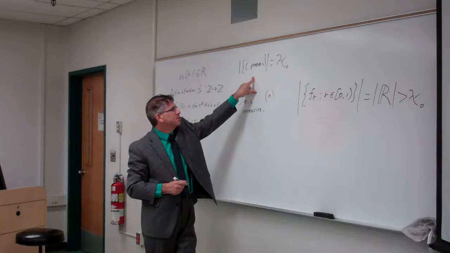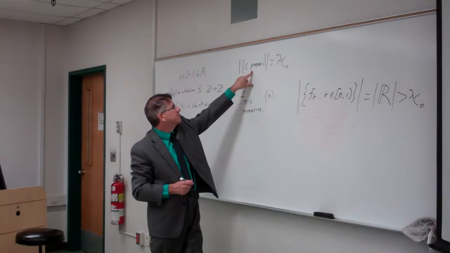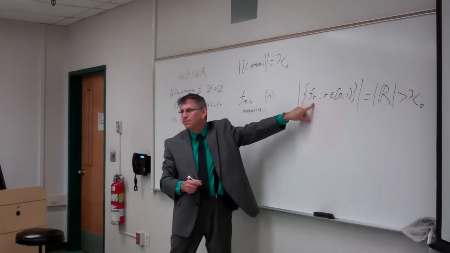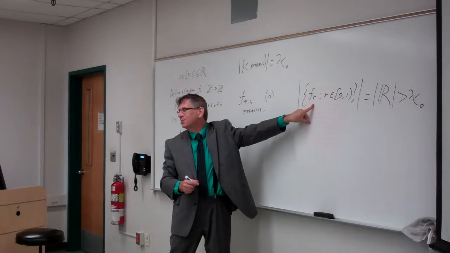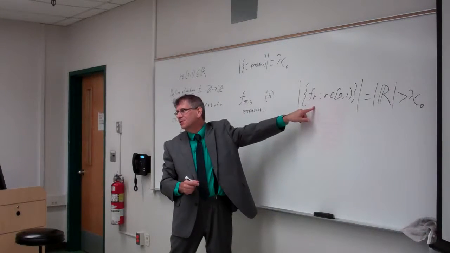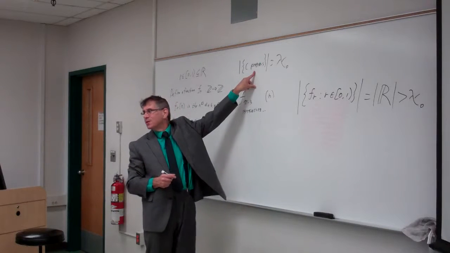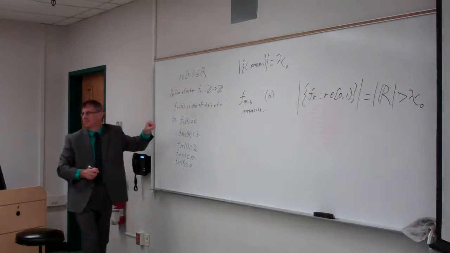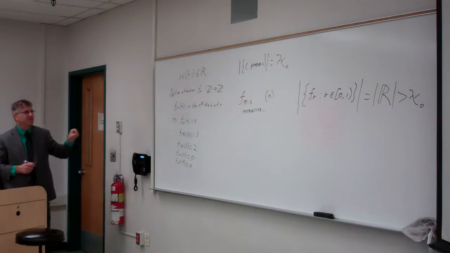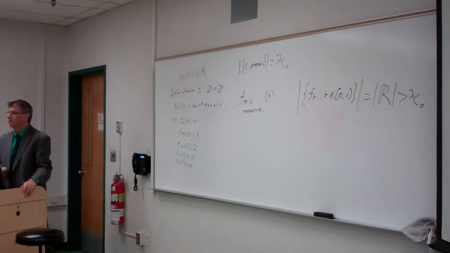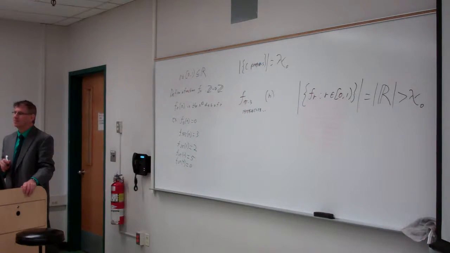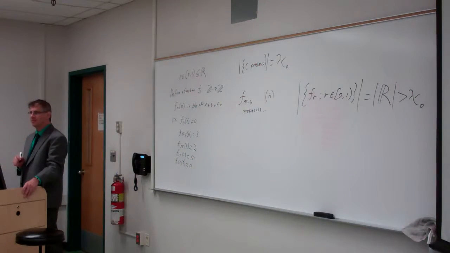Which means if I take the particular correspondence of C programs to the actual function f_r that they implement, there are some functions in here that don't correspond to any C program. Ergo, there are functions f_r that I cannot write in C, even if I have no size limit on my C program. So there's a fundamental limitation of computers.